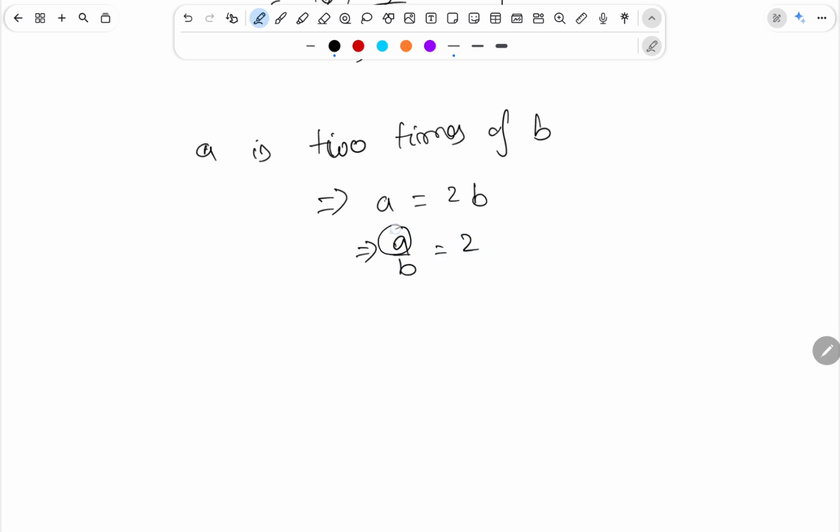It means A is 200% of B. Now see, if 2 numbers are in the ratio 2:1, compared to this it is 100% more, or compared to this it is 100% less, or compared to this it is 200%. This is the way the questions will be asked.